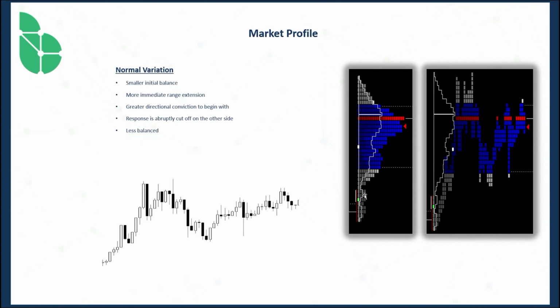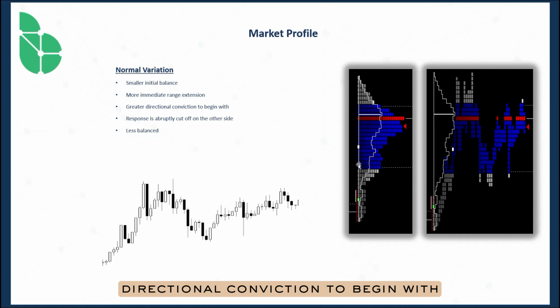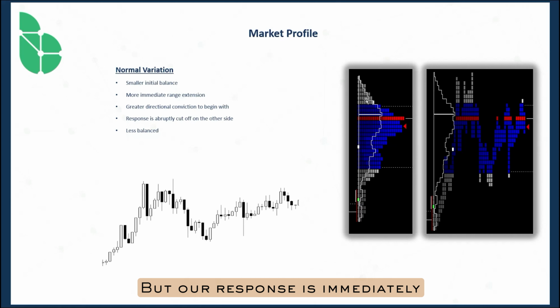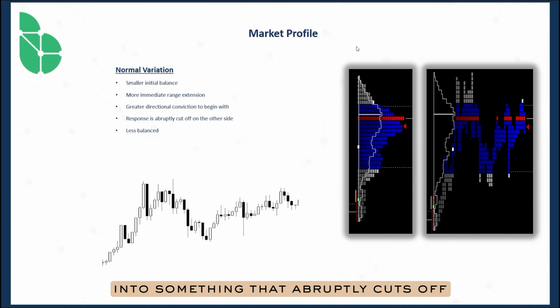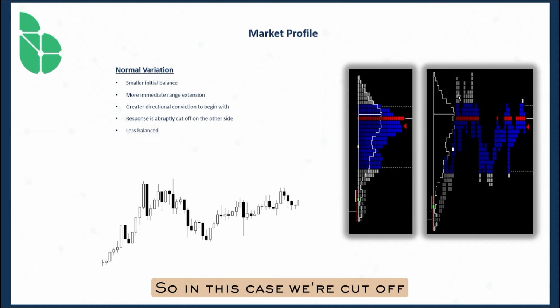So greater directional conviction to begin with, but our response is immediately cut off at the top. So we essentially run into something that abruptly cuts off any further movement. And then we move more into that normal profile where we have a more balanced distribution, more balanced range. So in this case, we're cut off.